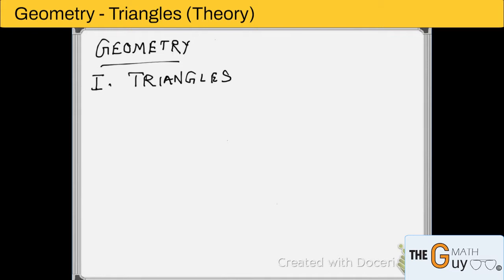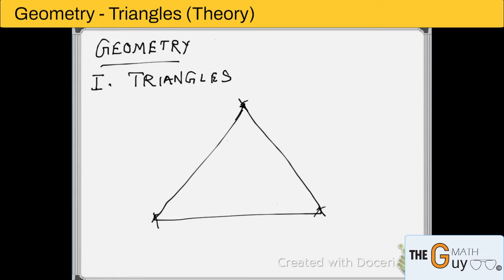Alright, let's get started. A triangle is a polygon, a closed shape made up of straight lines with three vertices. The three corners are known as the three vertices. They're made up of three lines, which are the sides. Let's say one is A units long, one is B units long, and the third one is C units long.